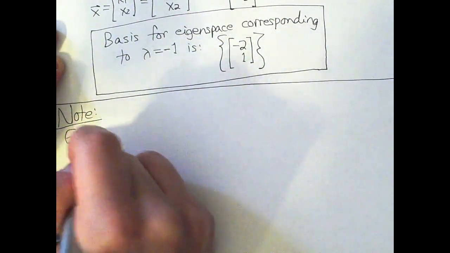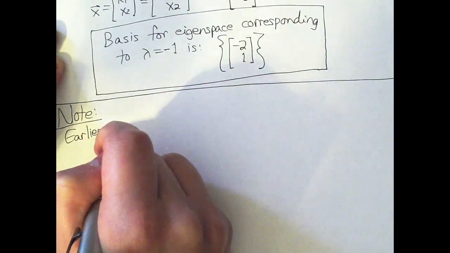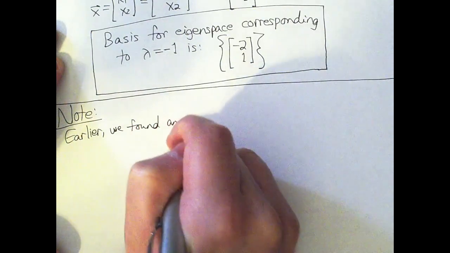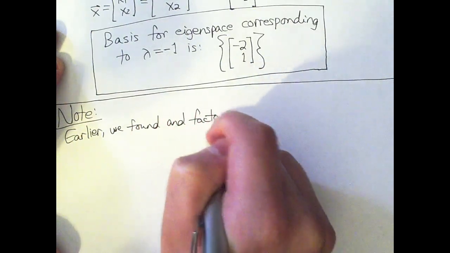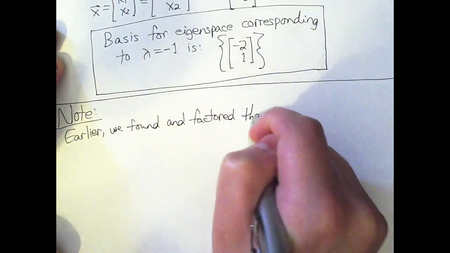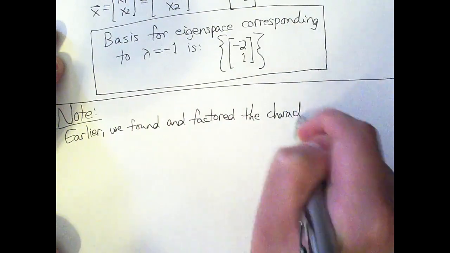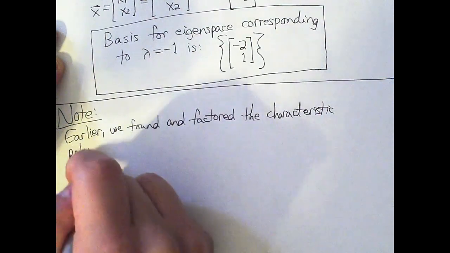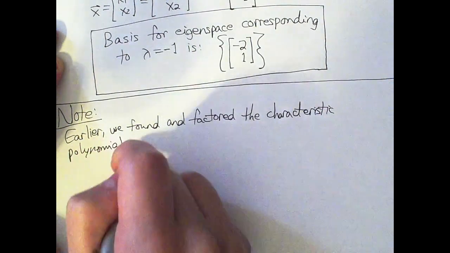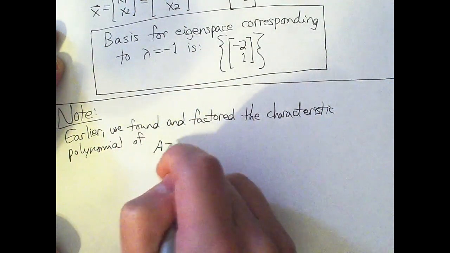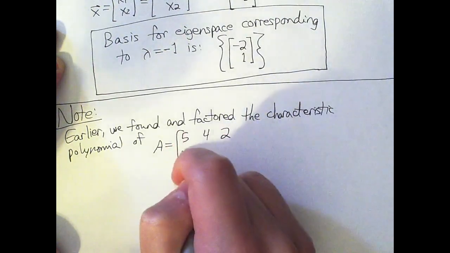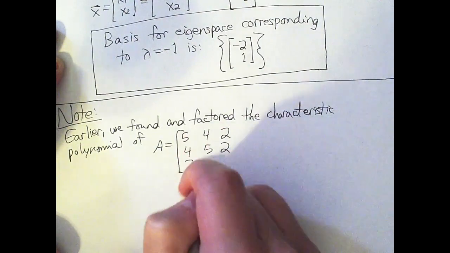Earlier, we found and factored the characteristic polynomial of this 3x3 matrix: 5, 4, 2, 4, 5, 2, 2, 2, 2.